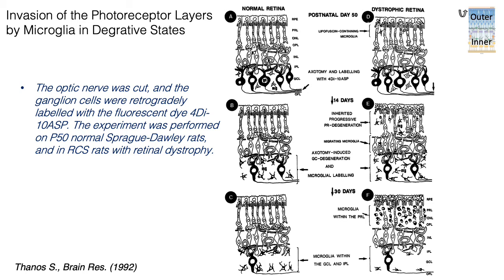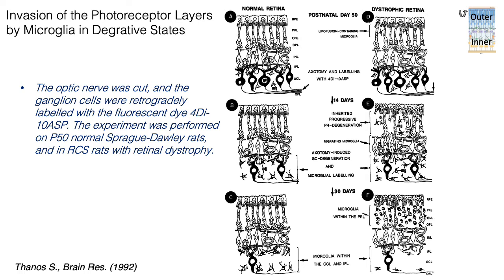One reason why this may be important is that these microglia may be the macrophages that are invading the outer retina, in which case they would be evacuating the synaptic layers and thereby potentially leading to synaptic deficits. Now, in this paper by Thanos in 1992, they used the RCS model where the axon was cut and retrogradely labeled so that RGCs would be labeled and eventually die.